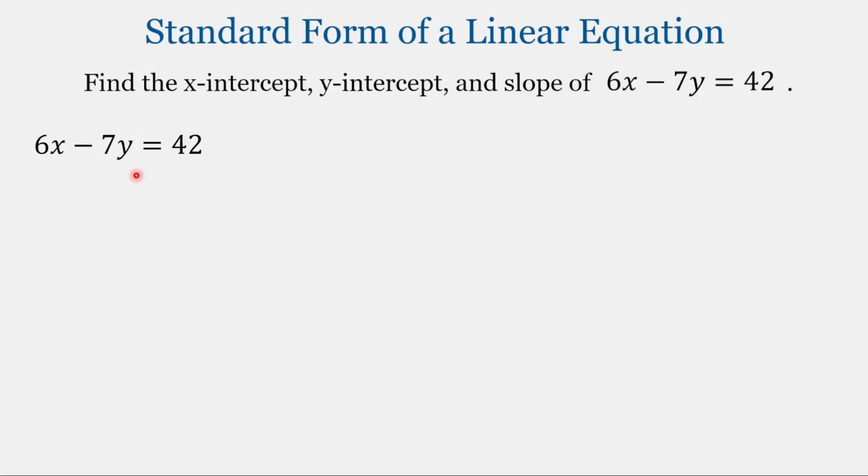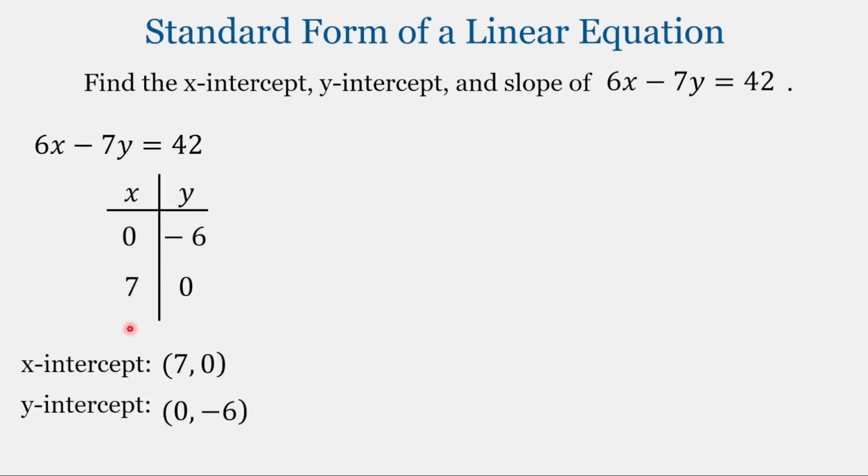So how did we find those? Well, we set x equal to 0 and found the y value to get the y-intercept, and set y equal to 0 and found the x value to get the x-intercept. And so that gave us our x and y-intercept.